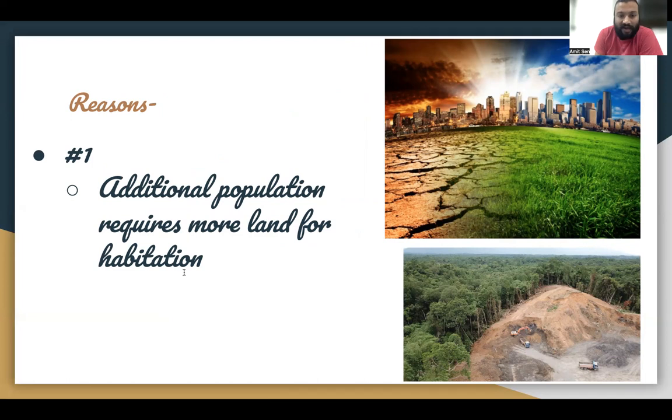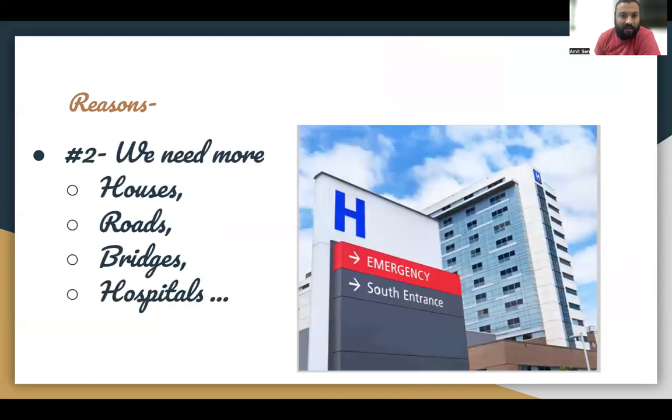Because the rate is increasing, the additional population is going to require more land for habitation, staying in a place, houses, and agricultural cultivation. To build houses, to build infrastructure, we need more space for the additional population. And that's one of the reasons why we do deforestation.